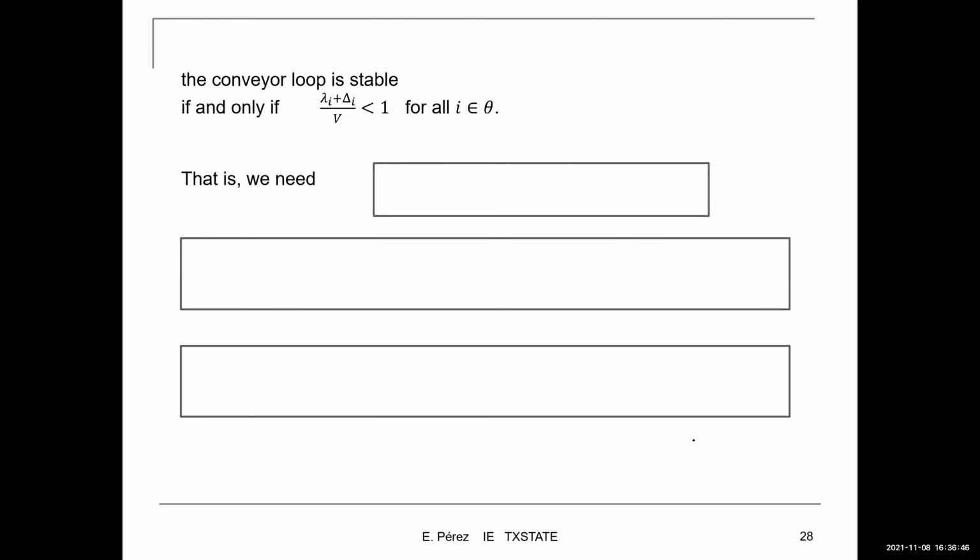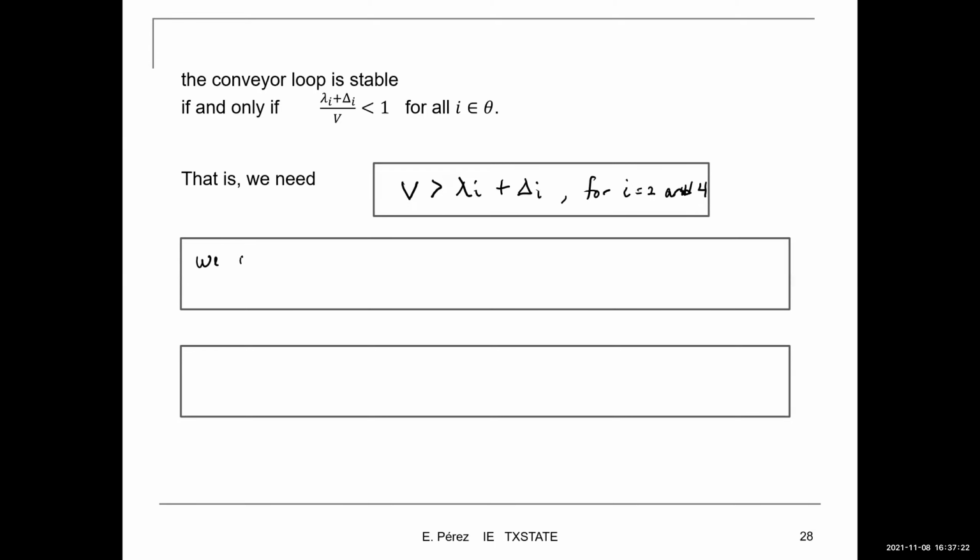Remember that the conveyor loop is stable if and only if this ratio is less than 1. So what that means is that we need V greater than lambda I plus delta I, in this case, for I equals 2 and 4. So we obtain the following.